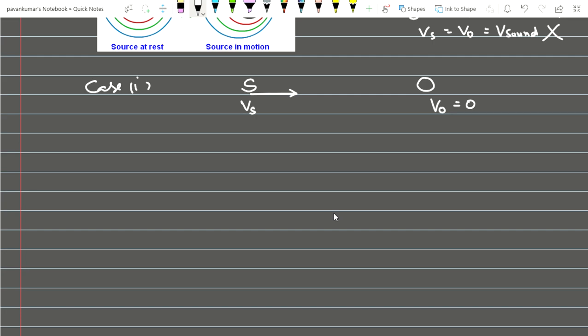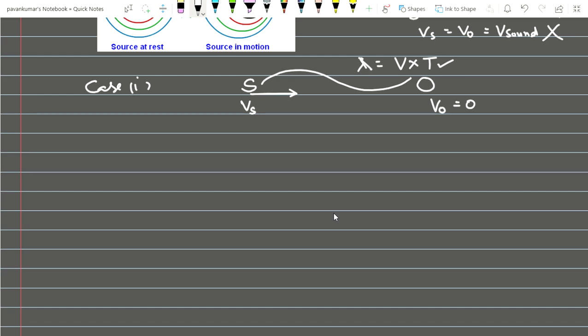The distance travelled by the wave to reach the observer is lambda, which is given by the product of velocity of wave and time period. That is, in a time period t, the wave covered a distance of lambda.